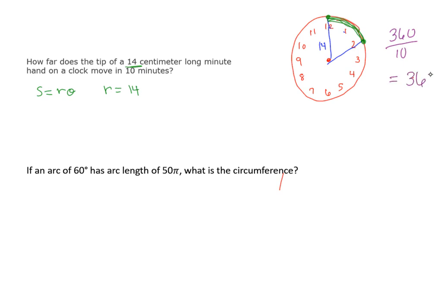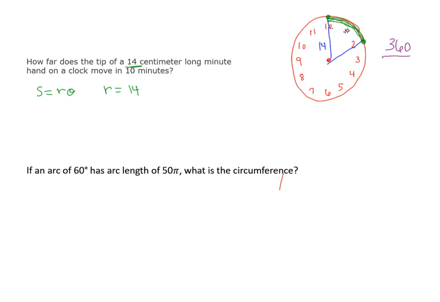I'm sorry. That was silly. I don't know why I wrote that. So 360 degrees total. And then we need to divide that up into 10-minute portions. So we got to figure out how many 10-minute portions there are.